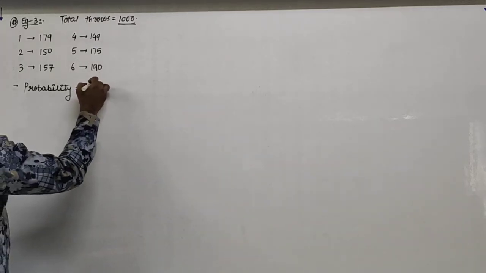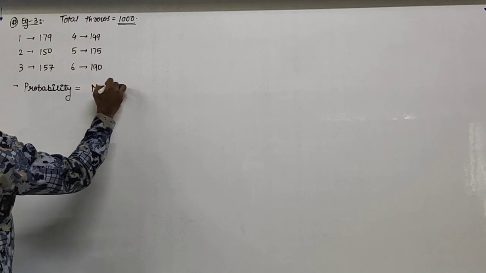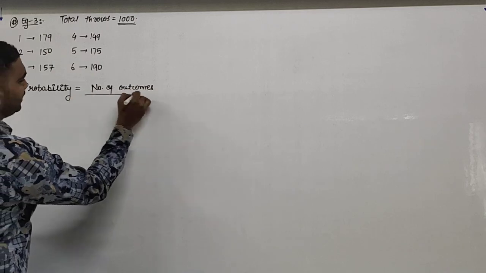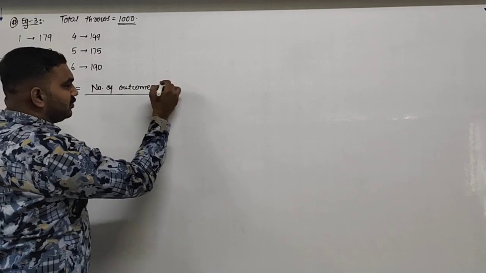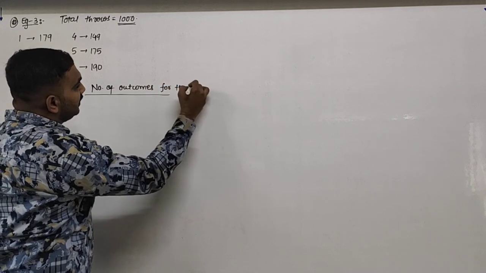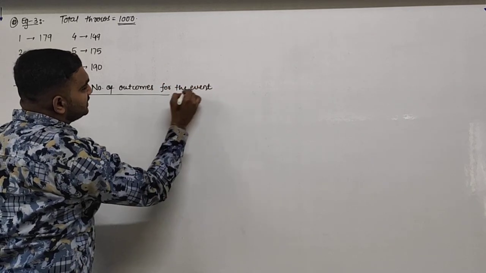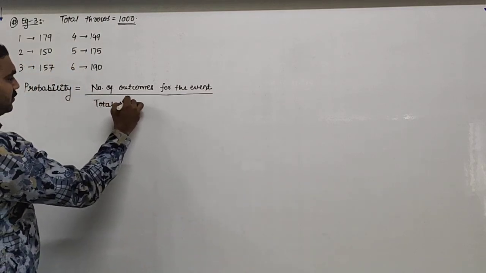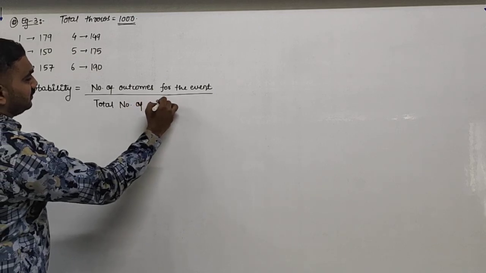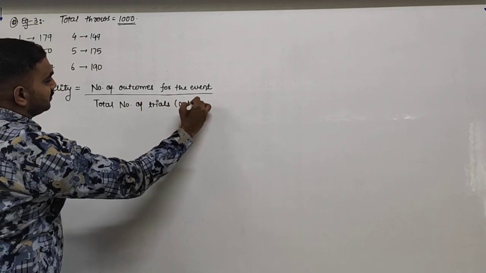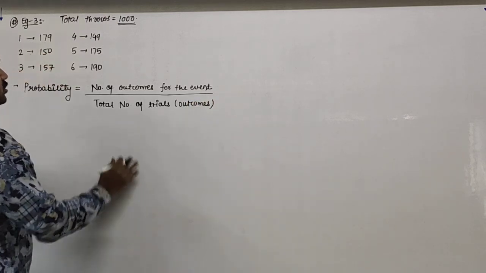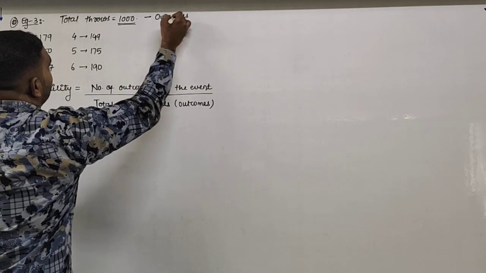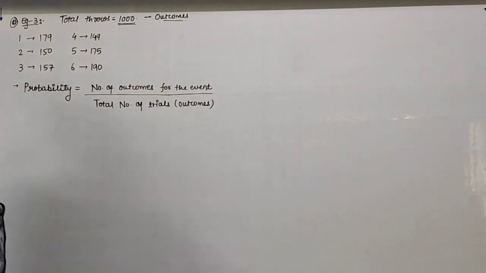Probability is nothing but the number of outcomes for the event divided by the total number of trials or outcomes. So this total throws can also be called total outcomes, right? What can the total throws be called? Total outcomes also.